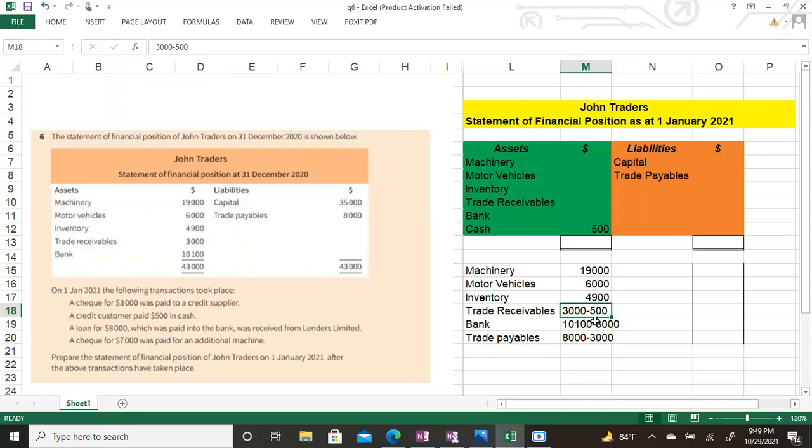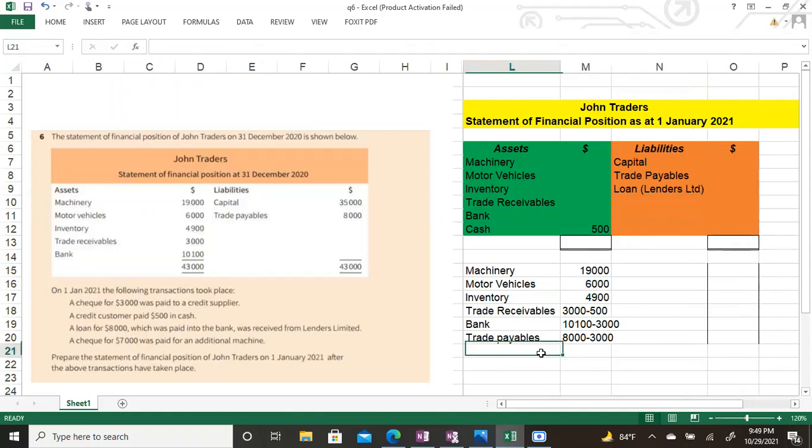Now, in transaction number 3, a loan for 8,000 which was paid into the bank was received from Lenders Limited. So, the business has received a loan of 8,000. So, here I will create one more name, loan, and in the bracket you write the name Lenders Limited. So, the amount is received in the bank. Again, the bank account will increase.